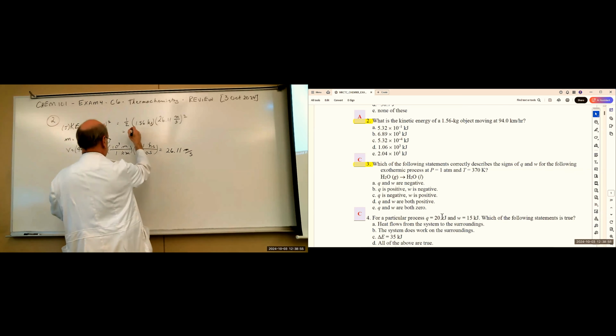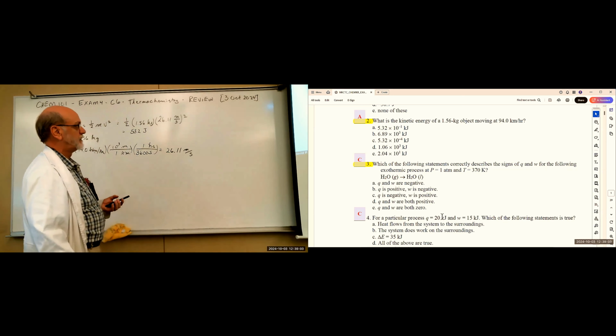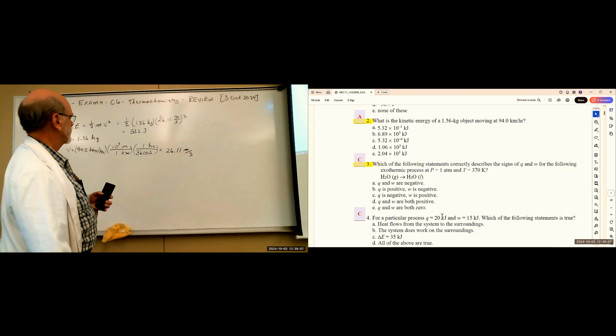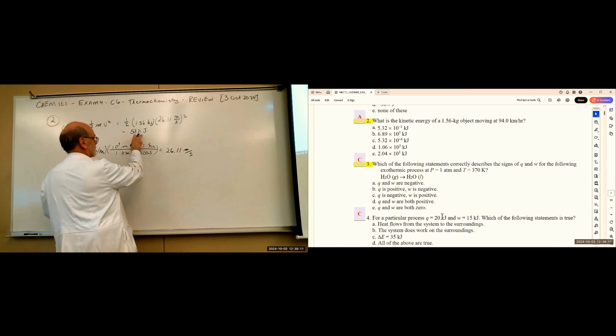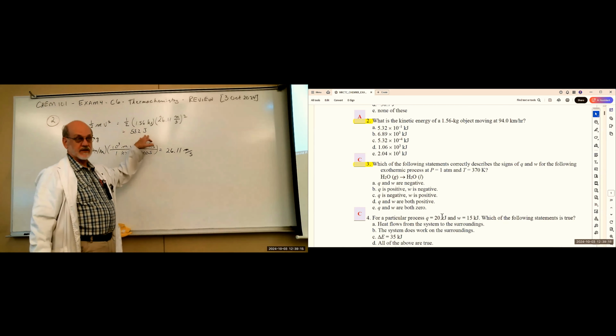And now I'm going to round it off to 3 places. 532 joules. Oh, kilojoules. Okay. Which way do we need to move this? If the unit gets bigger, the number has to get smaller.